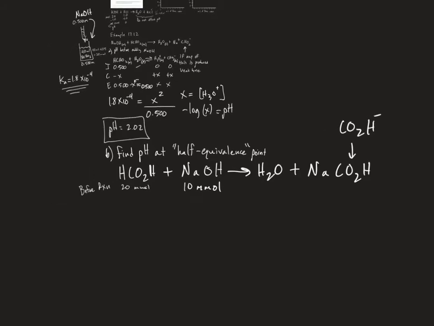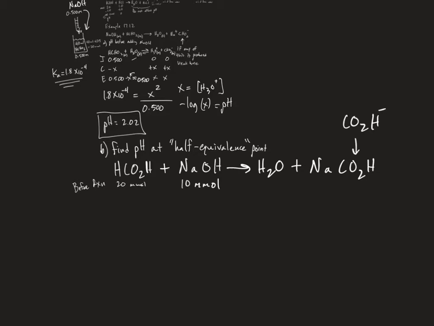So let's actually do our reaction now. This is our half equivalence point. We're adding 10 millimoles of NaOH, so a reaction is actually going to occur. What happens? They react in a 1-1 ratio. Who cares about water? The important part is the after, because this is what determines our pH.